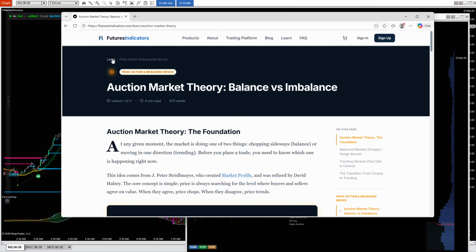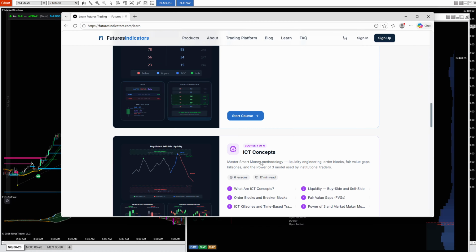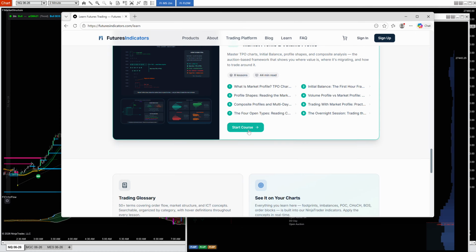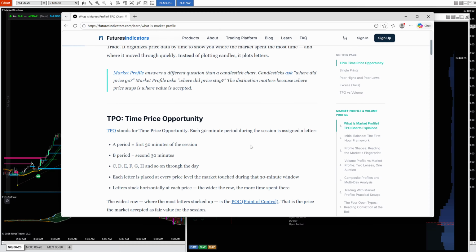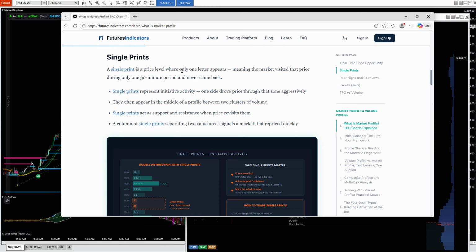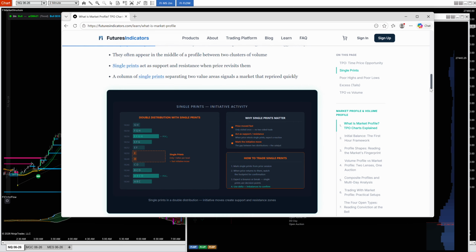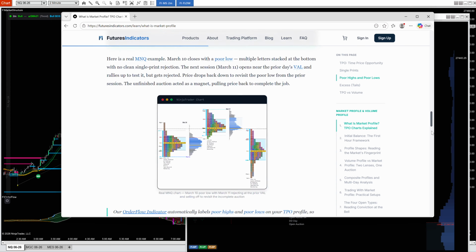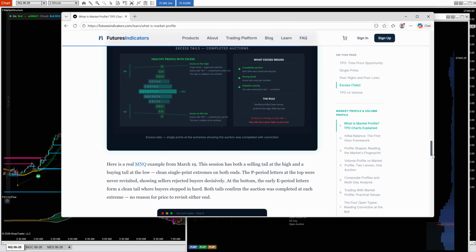Let's see here. Market profile. So here we go. Fingerprints, where only one letter appears, meaning the market visited that price during only one 30-minute period and never came back. So this is aggression, and that's the point. Let's look at another thing.